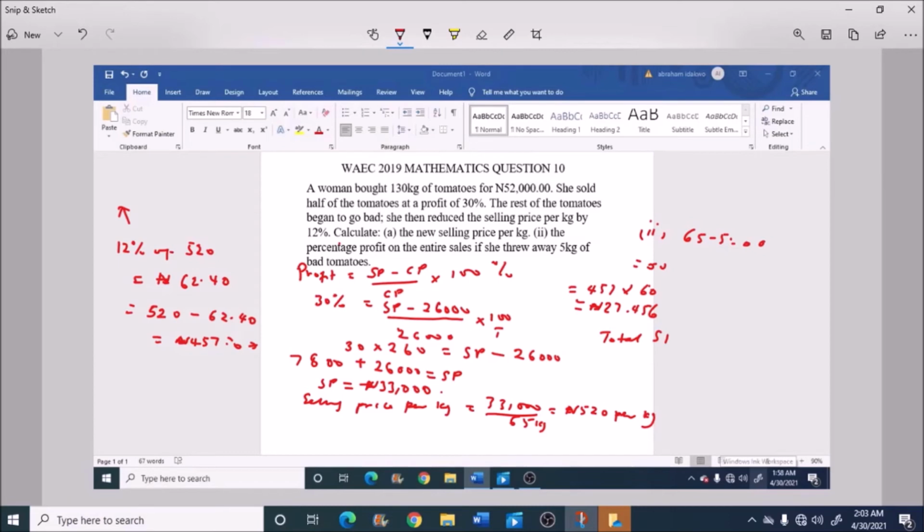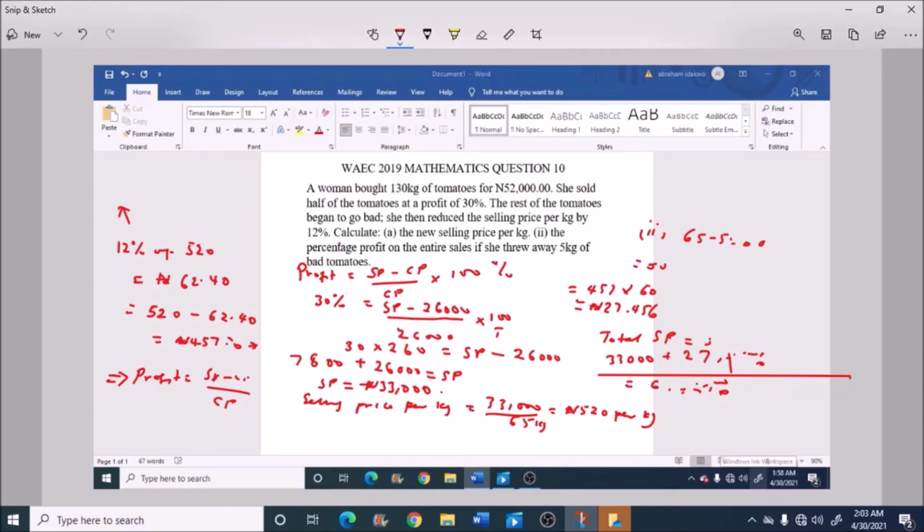It's better here. Now using profit is equal to selling price minus cost price over the cost price times 100.